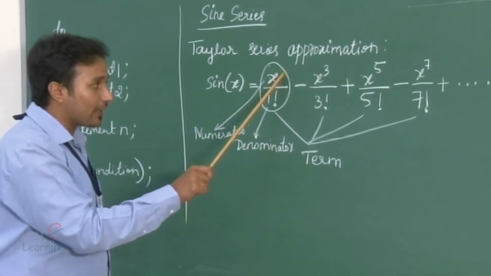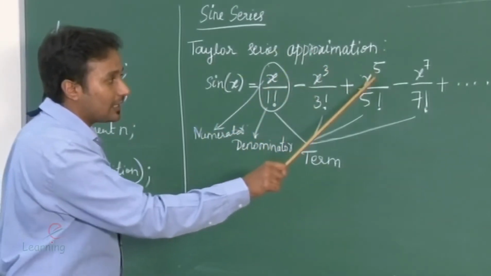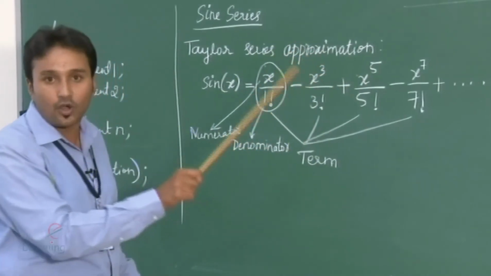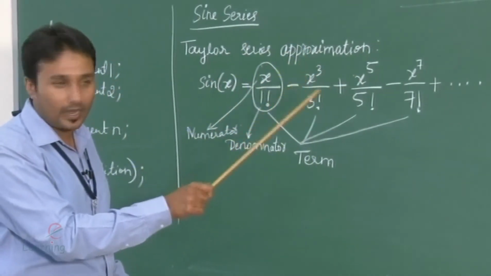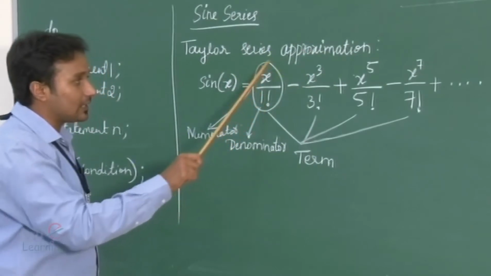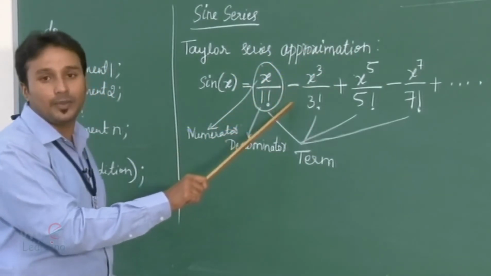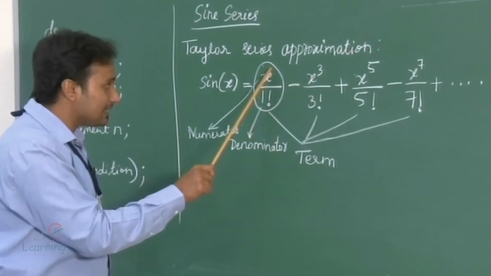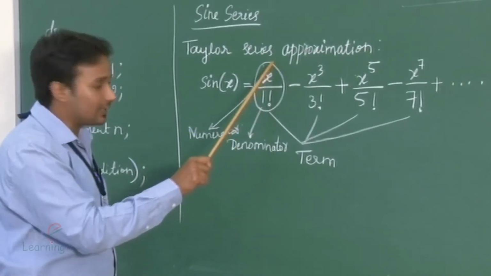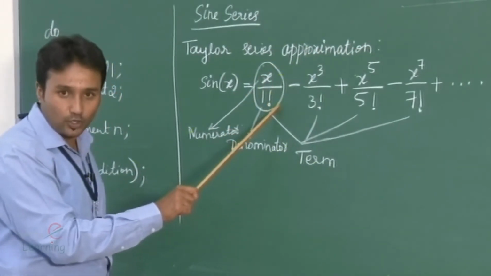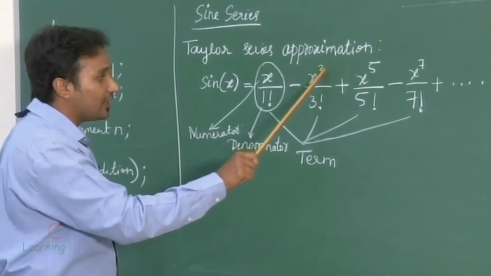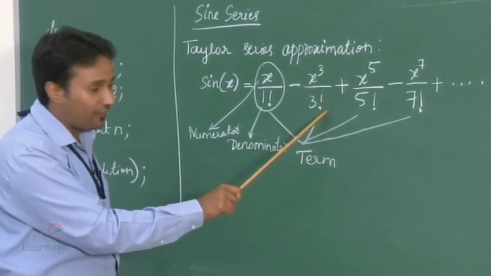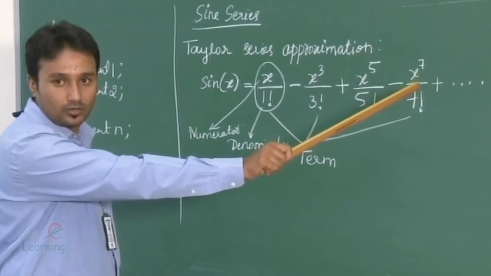In the numerator we can observe a rise in power by 2, and in the denominator the corresponding factorial will be there. That is, for x to the power of 1 the denominator is 1 factorial, for x to the power of 3 the denominator is 3 factorial and so on.